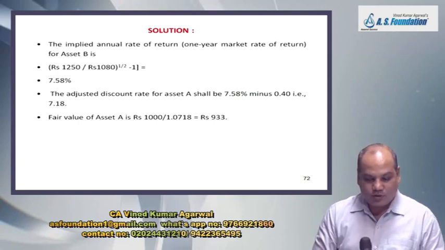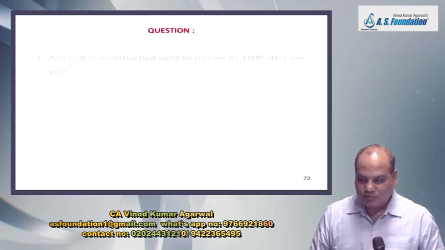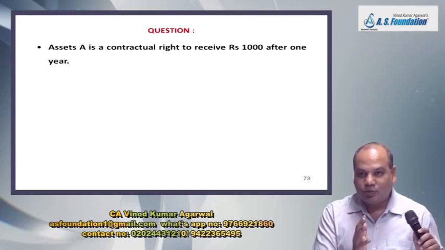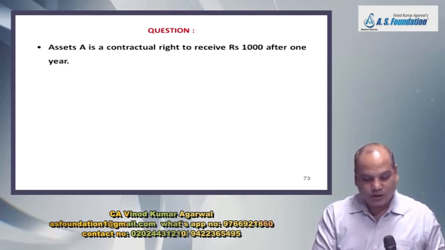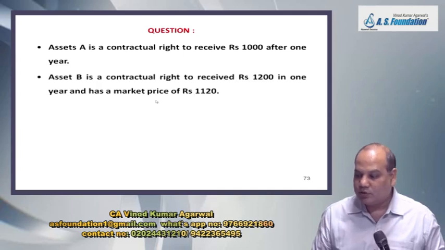Now dear student, try your luck for question number 4, sorry, not 2. This is how you are going to make adjustment to observable data. Is it right? Asset A is a contractual right to receive 1000 after 1 year.